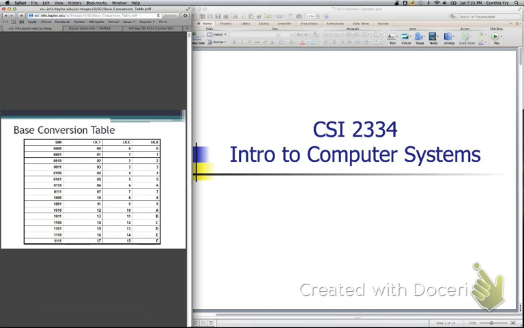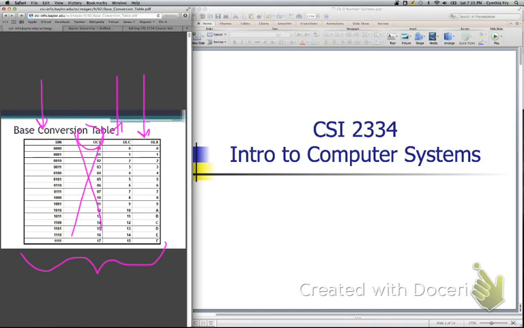You'll notice that this table has several different columns on it. First of all, you've got binary, octal, which we're not going to use much, but decimal, hex, for quizzes and exams. If you're not very familiar with this, write this table down, and every time you have to use it, it'll be right there. Over time, the more you use this, the easier it will be. You won't have to write the table. But for now, it's there should you need it, which is good.